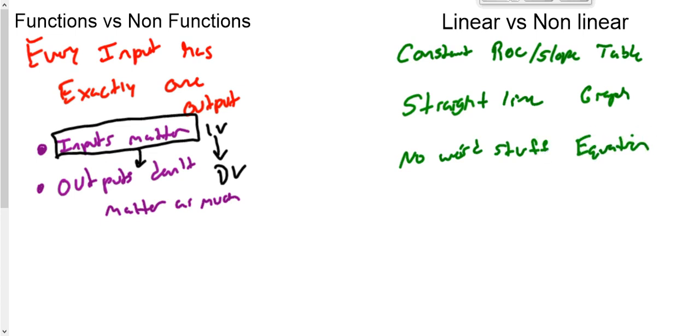And what I mean by weird stuff, and it's just a blanket statement, we can't have exponents on the variables. We can't have absolute value. We can't have square root symbols. Can't have any other weird mathematical stuff.